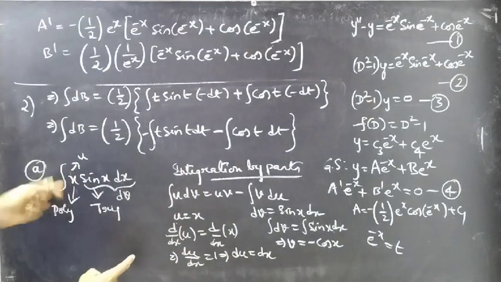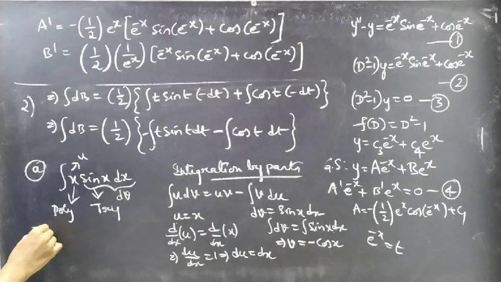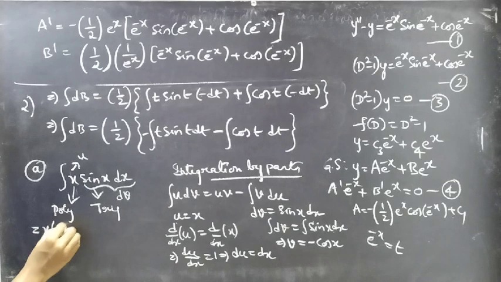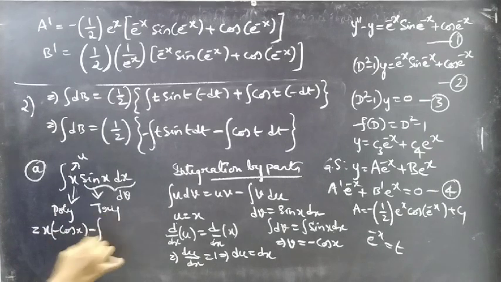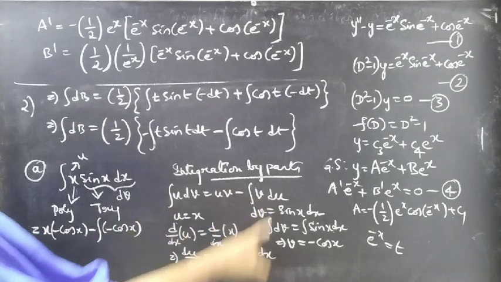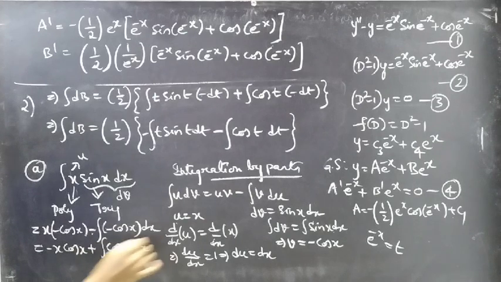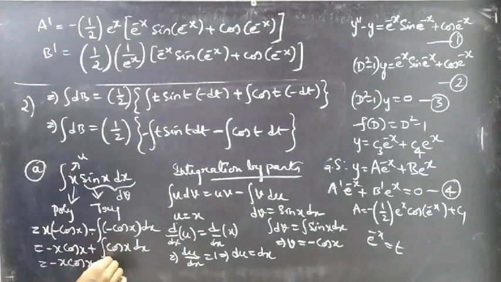Now apply this formula, integral u dv equal to uv, that is x into minus cos x, minus integral v, that is minus cos x into du, du equal to dx. This gives us minus x cos x minus into minus plus integral cos x dx, right?